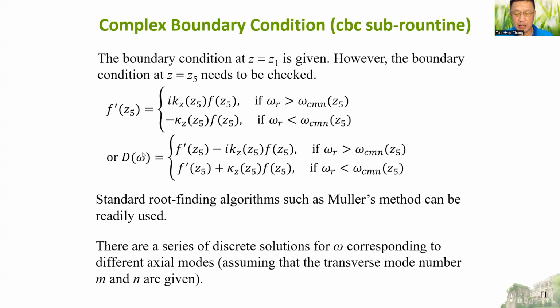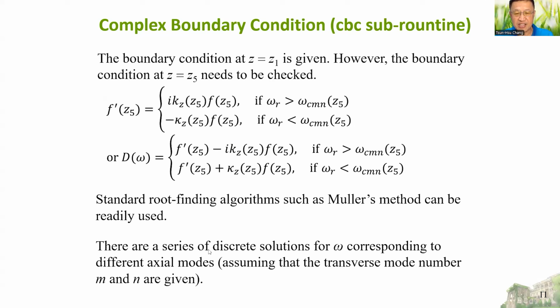So we use D of omega equals f prime at z5 minus i kz of z5 times f of z5. We use this one. Standard root finding algorithms such as Muller's method can readily be used.